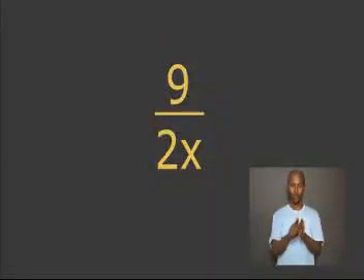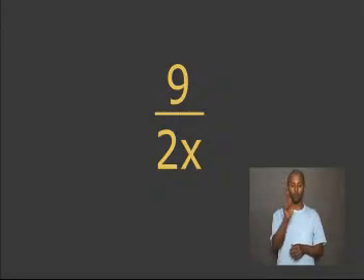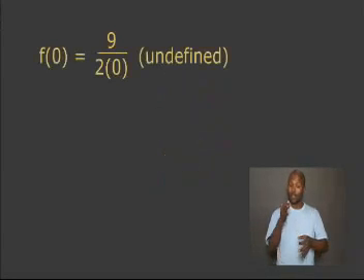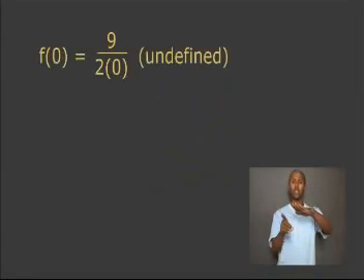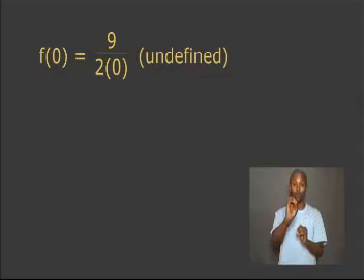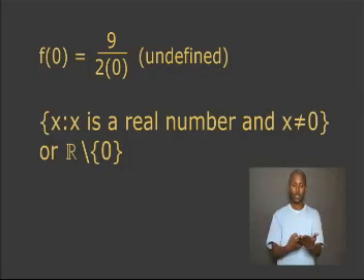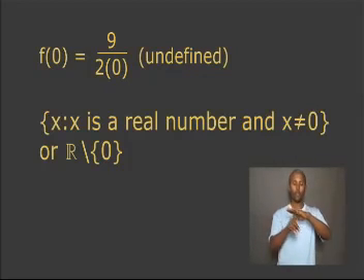For example, look at the rational expression 9 over 2x. If we set the denominator to 0, then x equals 0. Thus, the domain of x is the set of real numbers except 0.